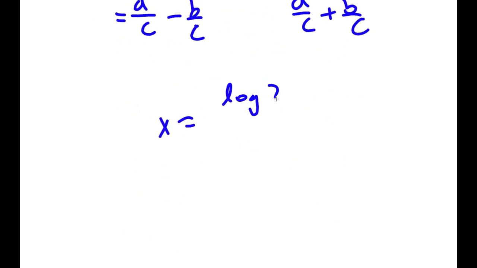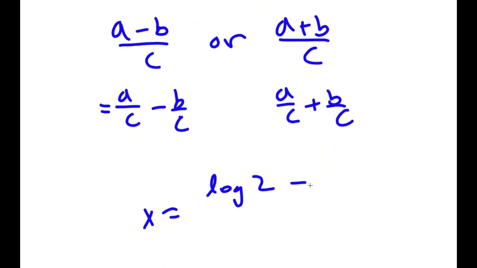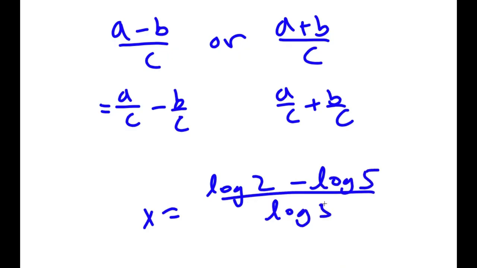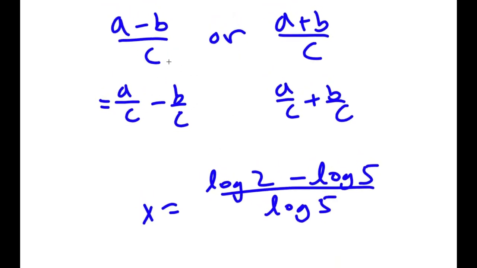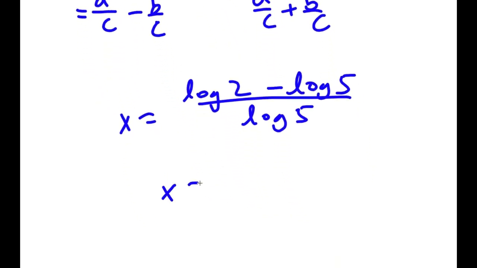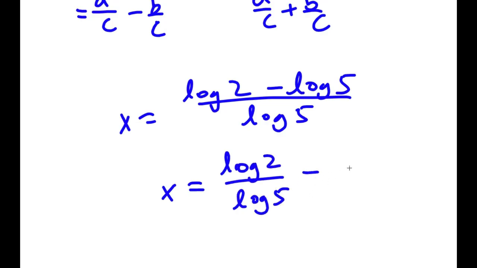So for log 2 minus log 5 over log 5, this is in the form a minus b over c, so this is also equal to log 2 over log 5 minus log 5 over log 5.